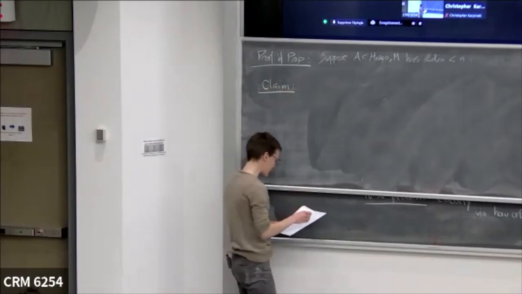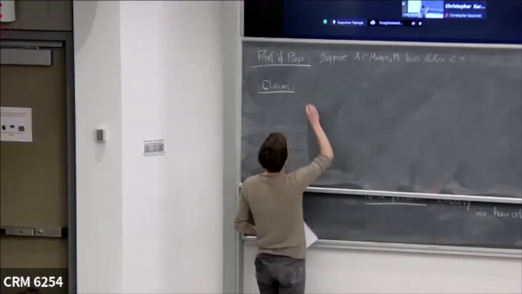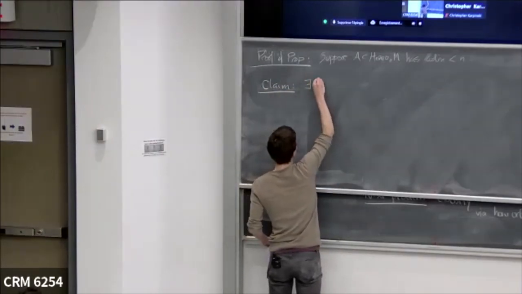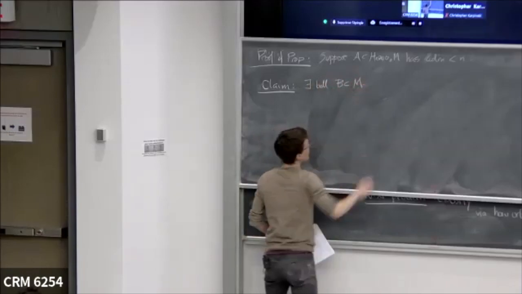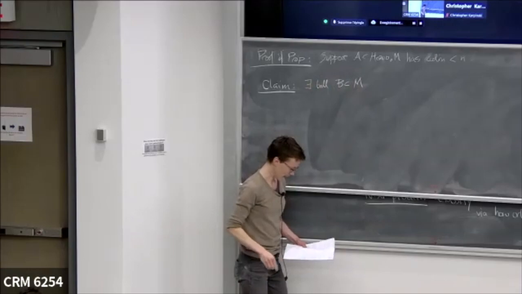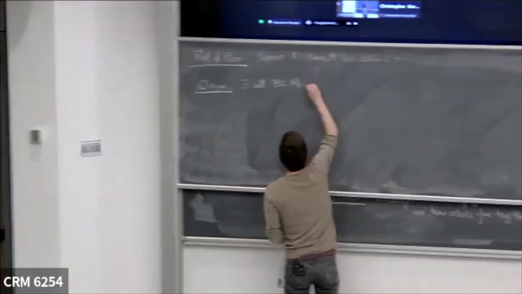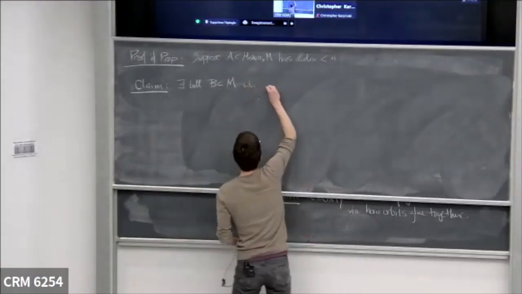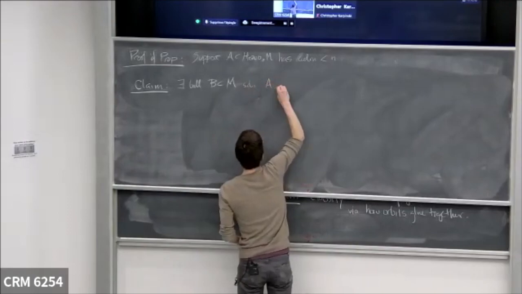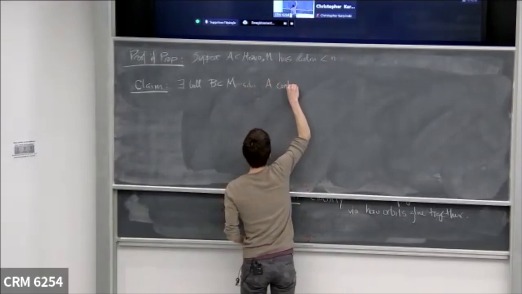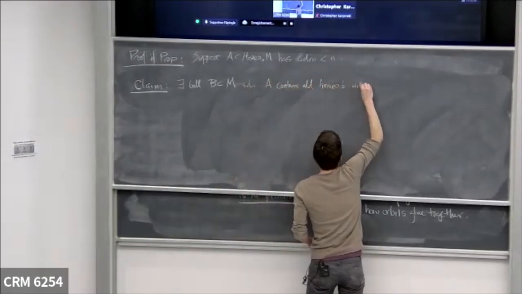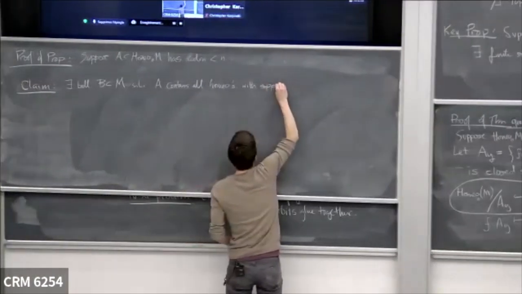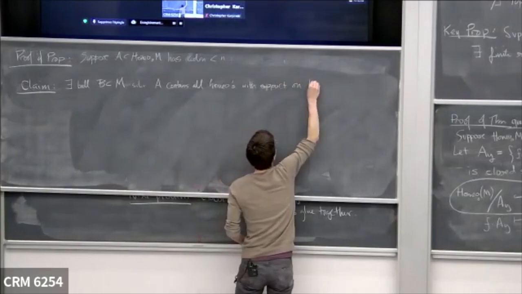The first claim is that there exists some ball E embedded in your manifold, a little ball, so that A contains all homeomorphisms with support on this little ball.